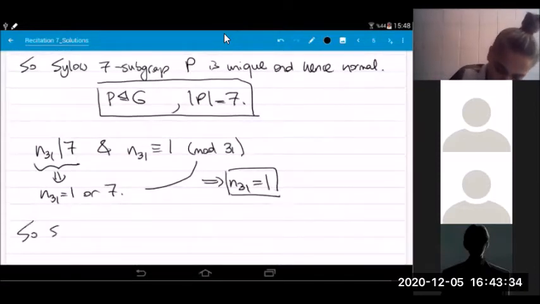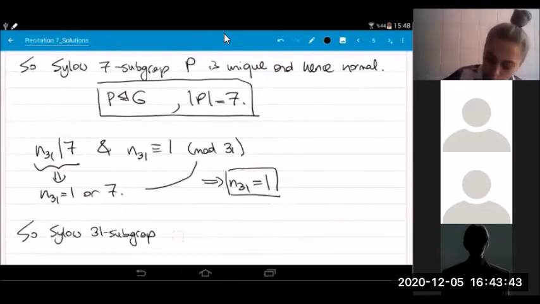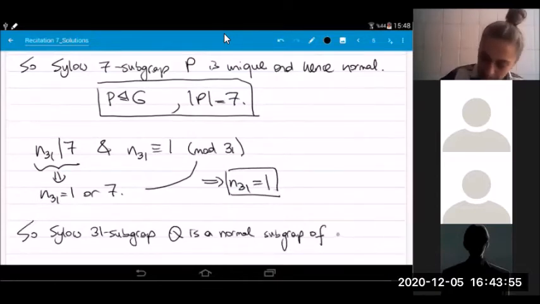So the Sylow 31 subgroup, let me call it Q, is unique and hence normal.